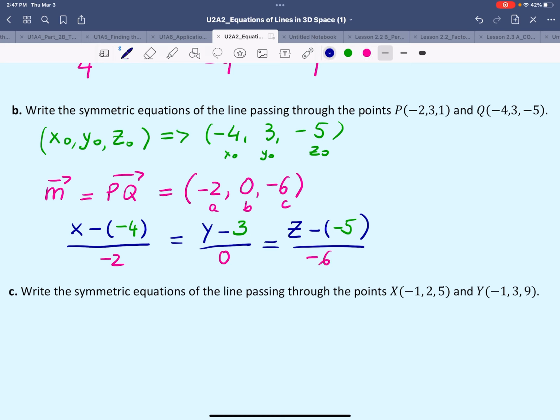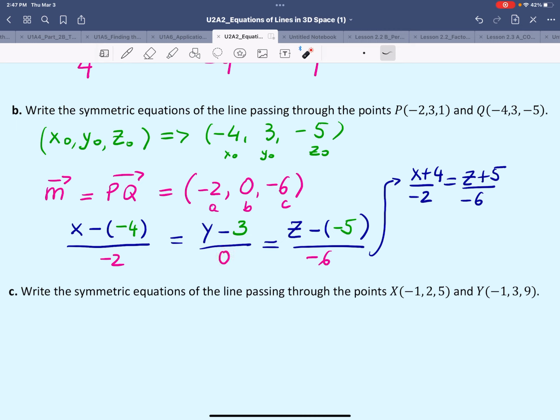So let's simplify this. We have x minus -4, that's x plus 4, over -2. Now, as you can see here, this makes no sense because y minus 3 divided by 0 is undefined. So we're going to leave it aside for now, and I will write z plus 5 over -6. Something needs to be done about this. We cannot put a 0 in the denominator in a formula.